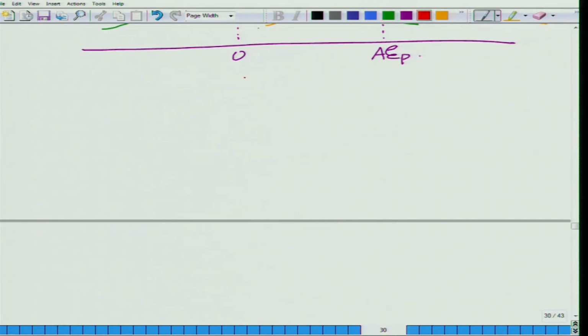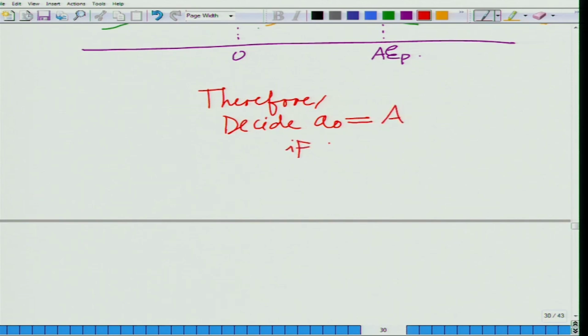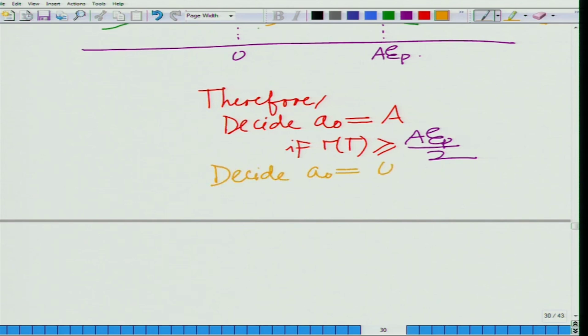Therefore, one can decide A naught equals A if R t is greater than or equal to AEP by 2, and on the other hand decide A naught equals 0 if R t is less than AEP by 2.